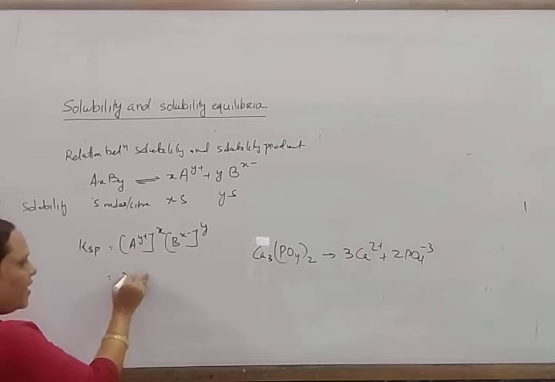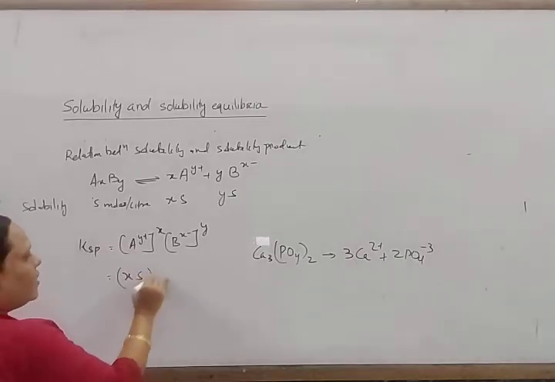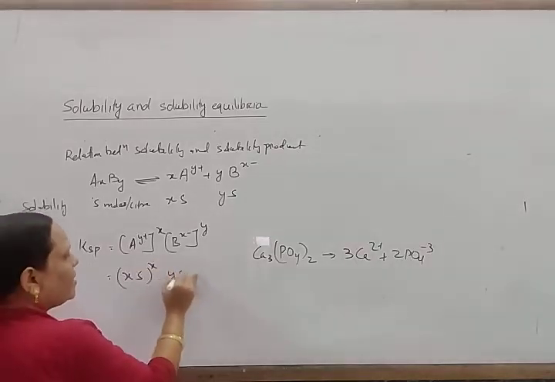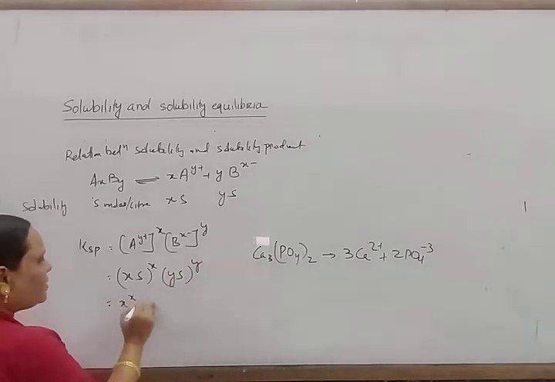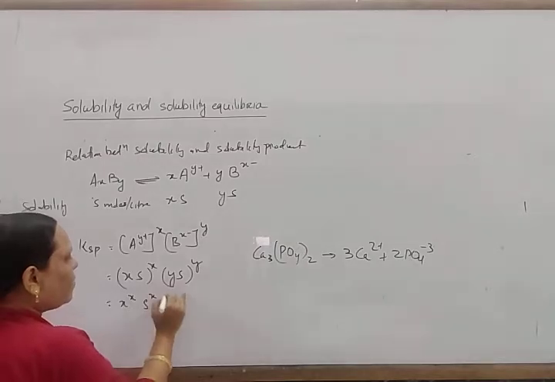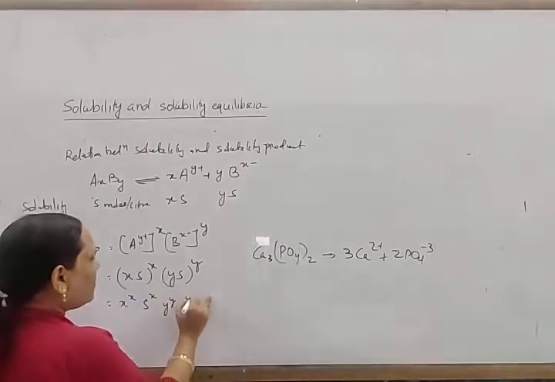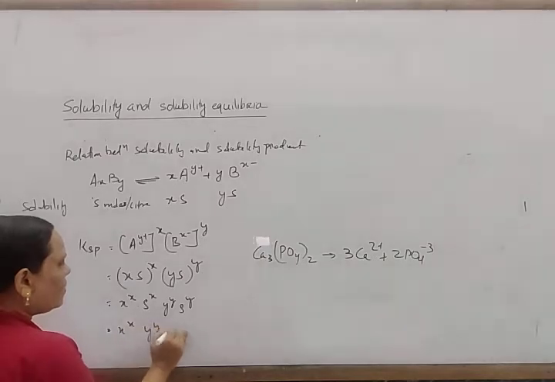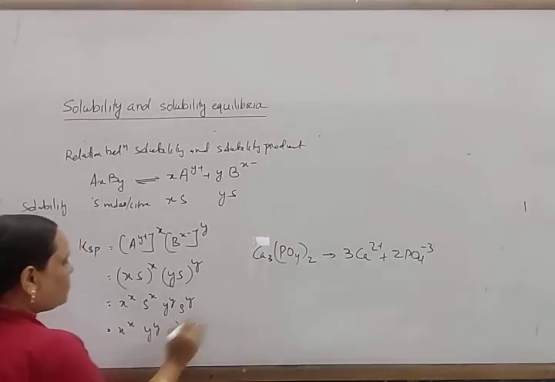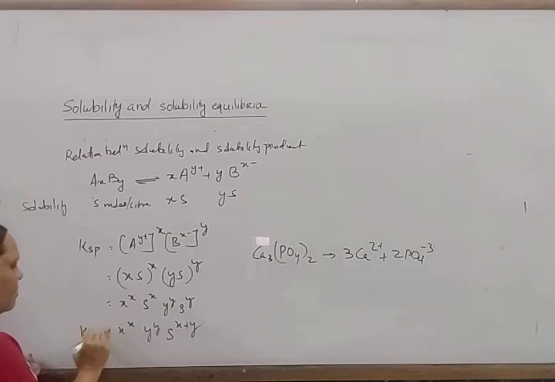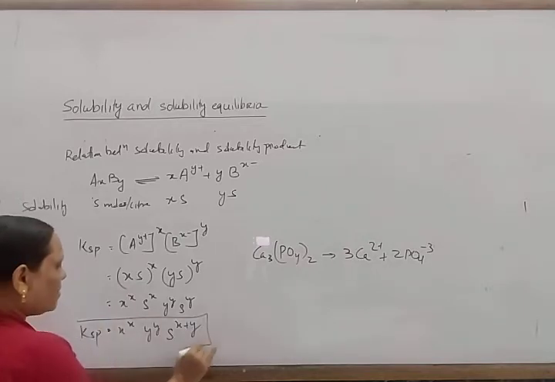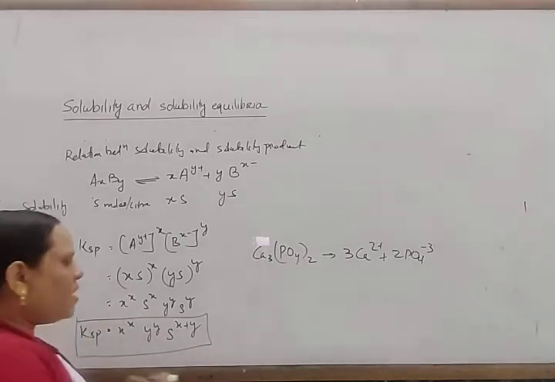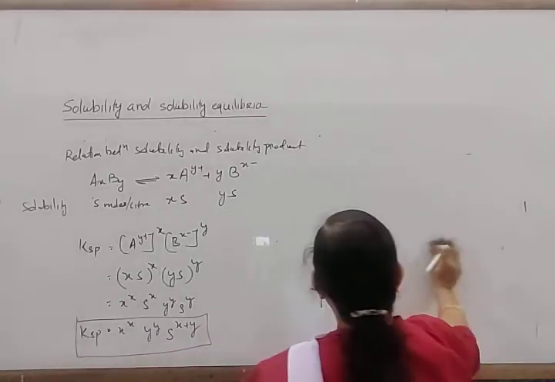So this is equal to (xS)^x into (yS)^y, that is equal to x^x y^y S^(x+y). So this is the relation between the solubility of the salt and the solubility product if it is given in moles per liter.